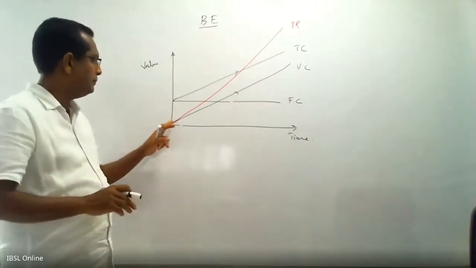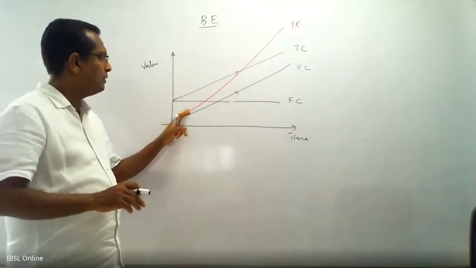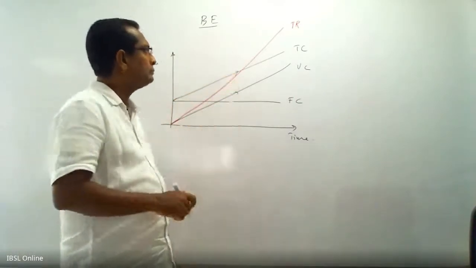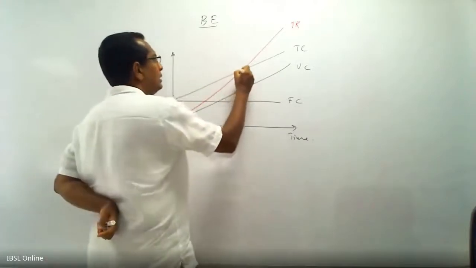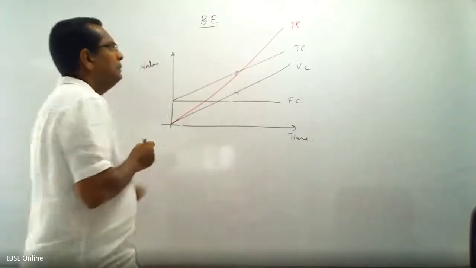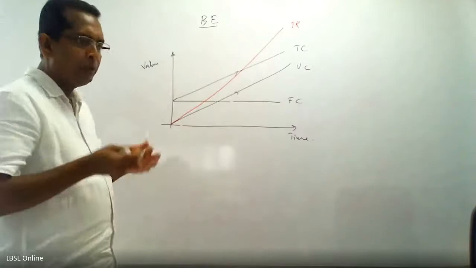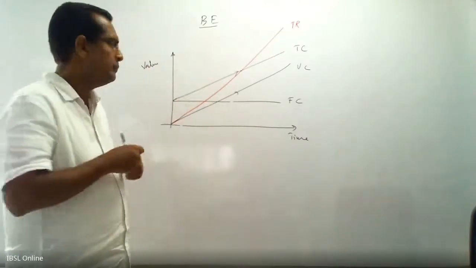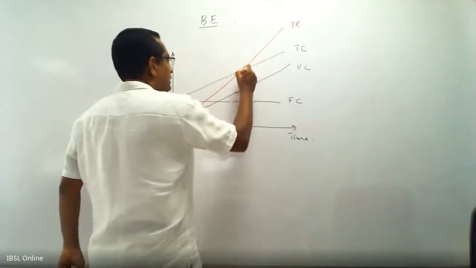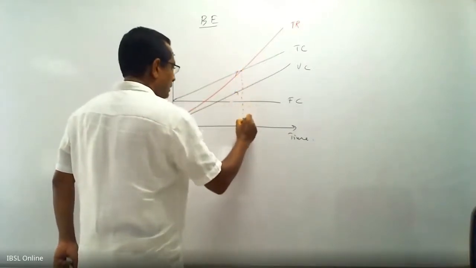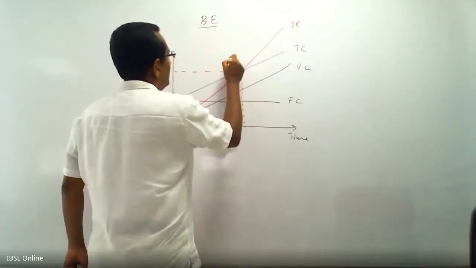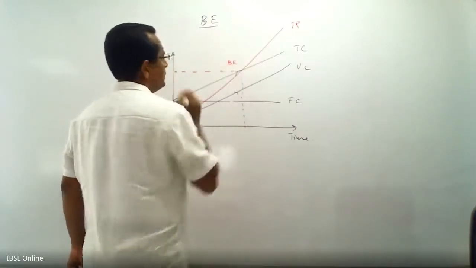See this line. This is the line where your revenue goes. This is the line your cost goes. So at this point, you are equalizing the revenue and the cost. So this is the break-even point.